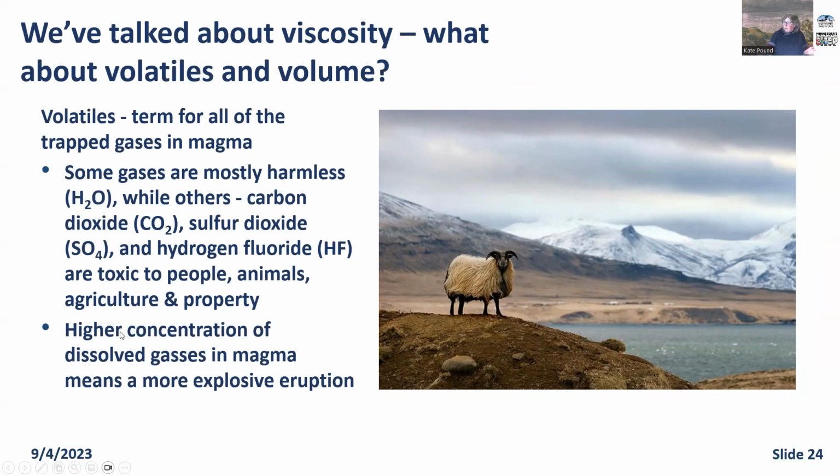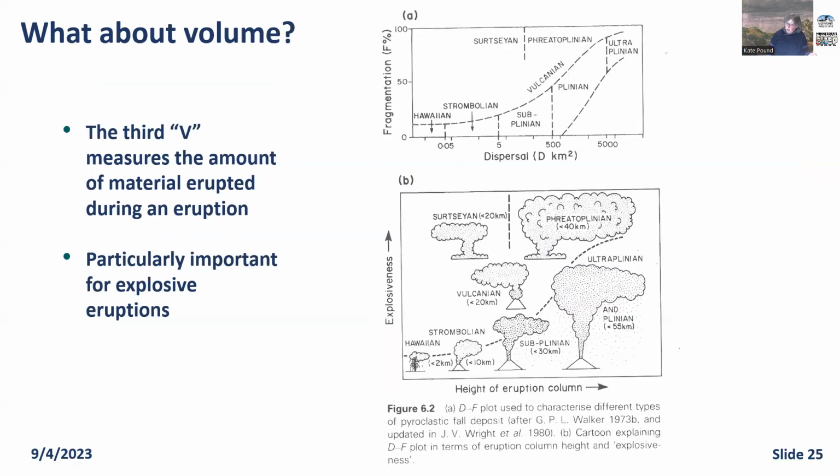So just a reminder here, more gases dissolved in the magma means you have a more explosive eruption. Now, let's think about volume, how much is erupted during an eruption. There are a bunch of different ways that this gets measured, and there's a whole other vocabulary associated with it.